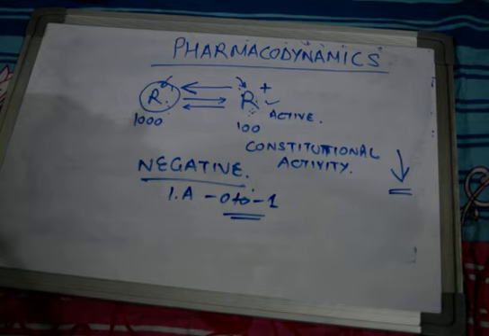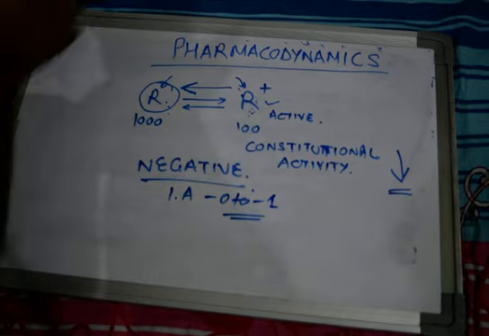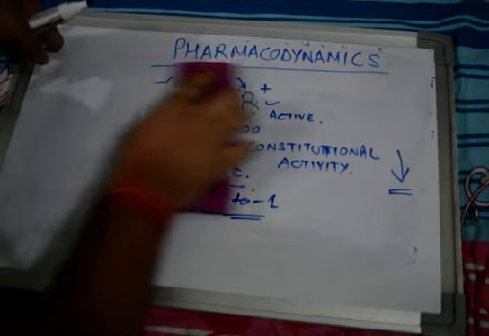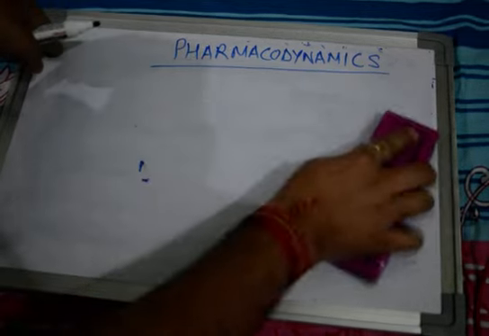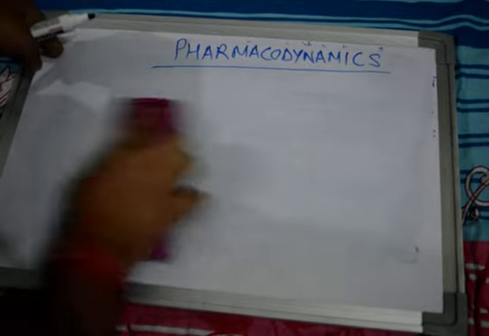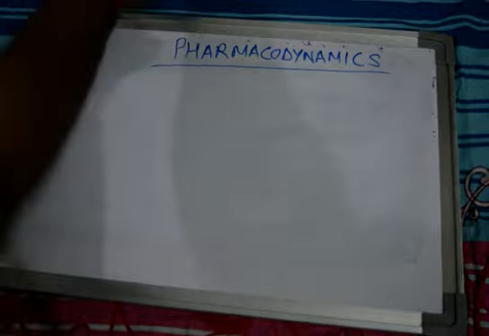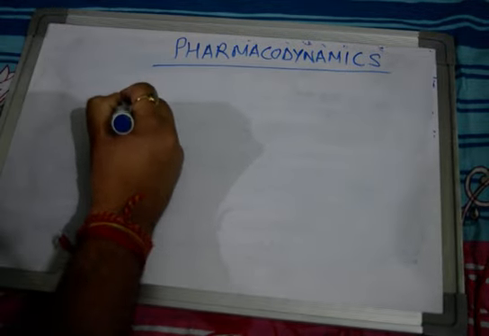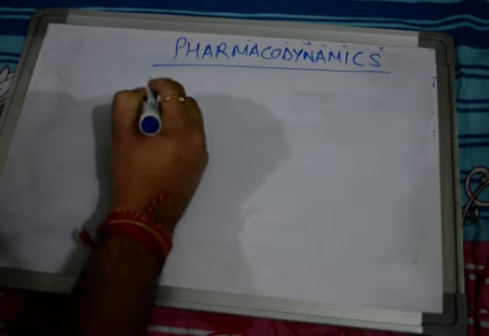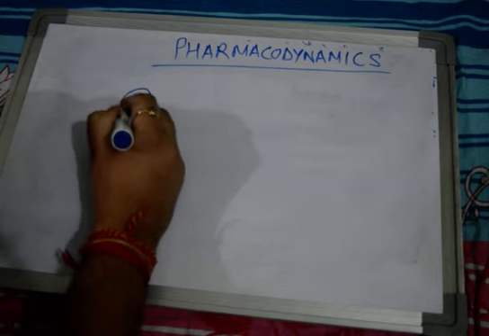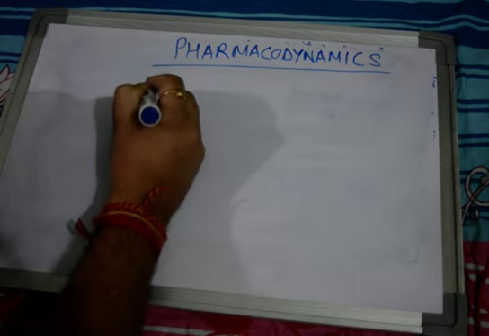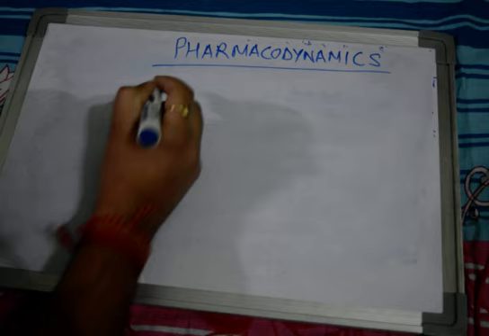Now these agonists and antagonists can bind either to the same site as that of the ligand, or they may bind to another site, what we call an allosteric site. Say this is a receptor and this is the receptor binding site.